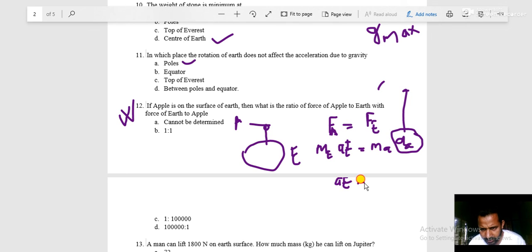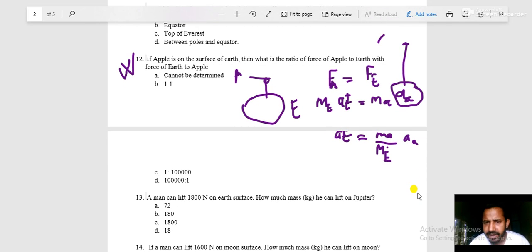A_E equals the mass of apple divided by the mass of earth, times the acceleration of apple. Till here I think you understood; we have just manipulated small mathematics. F equals ma: mass of earth times acceleration of earth equals mass of apple times acceleration of apple.